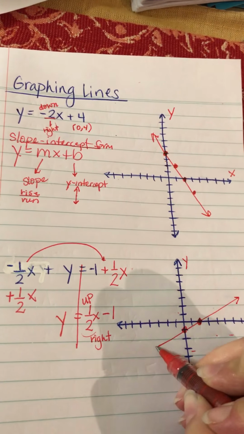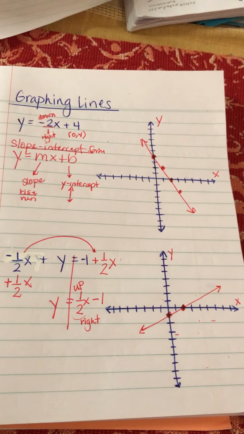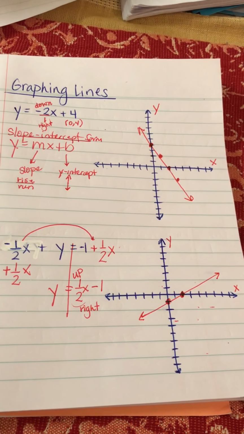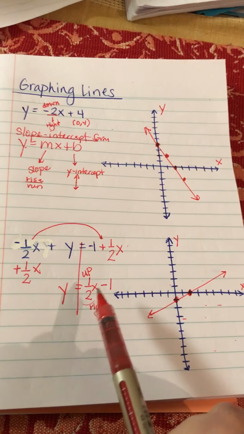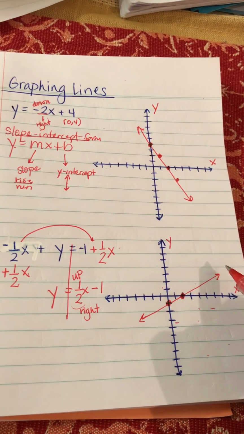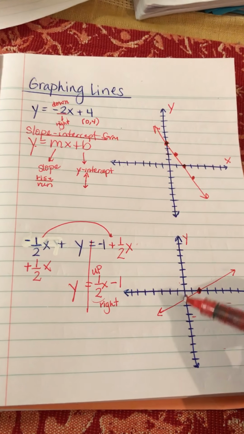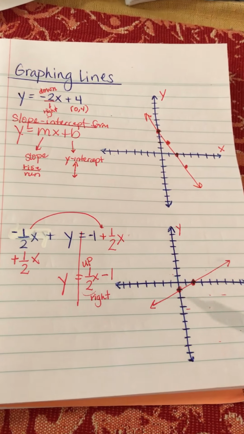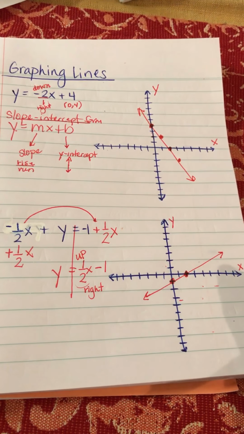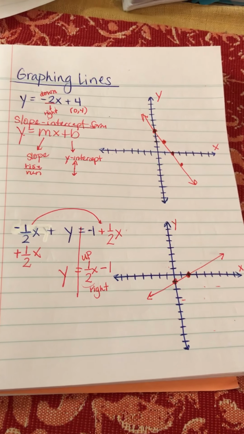And I'm going to connect my dots and put arrows at the end, and my line is finished. We notice, like I said, we have a positive slope and my line does increase from left to right, so I'm probably correct. My y-intercept is negative, which is what it should be. So I've graphed my line and it's finished.